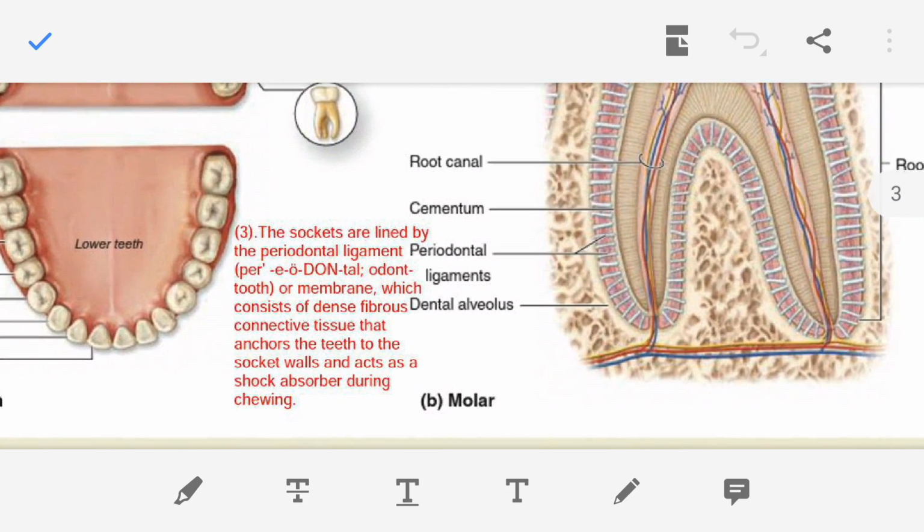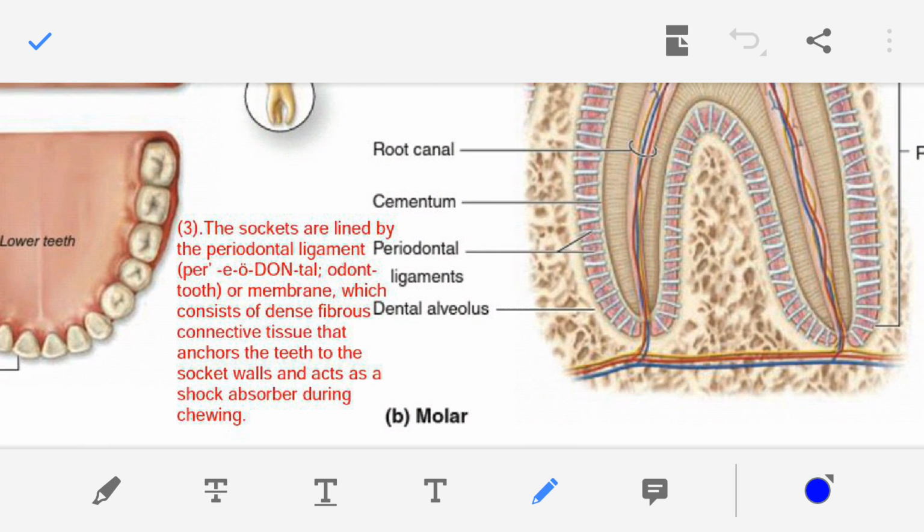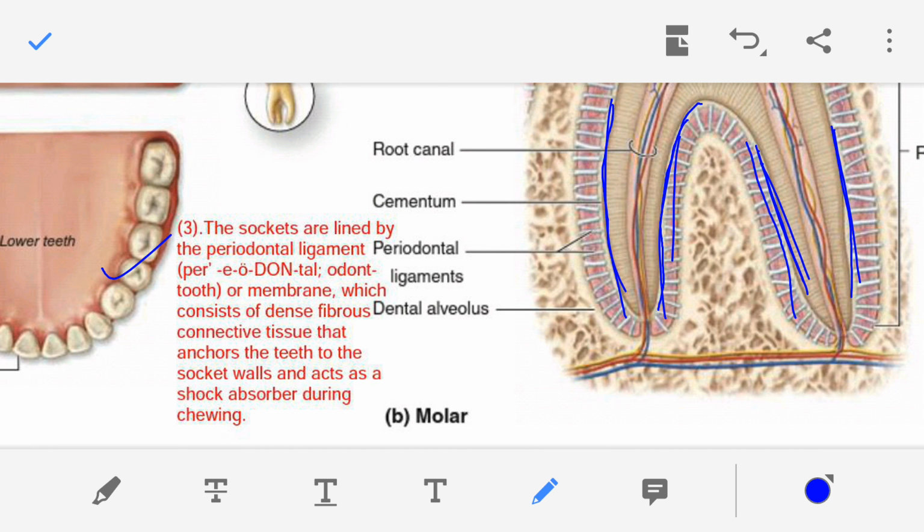Now moving on to the third point. So this is the third point of our discussion. This is the socket. This part is the socket. We can remove the teeth and we can observe the empty socket. I have already shown you the socket. Now this socket is lined by the periodontal ligament or the membrane.